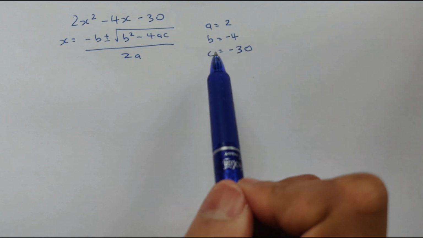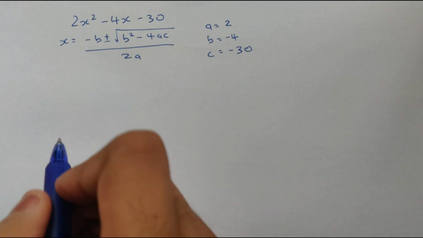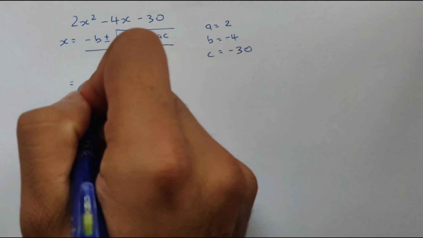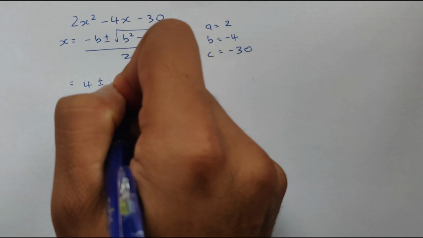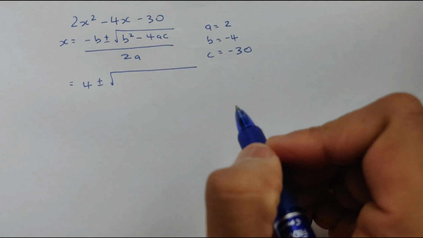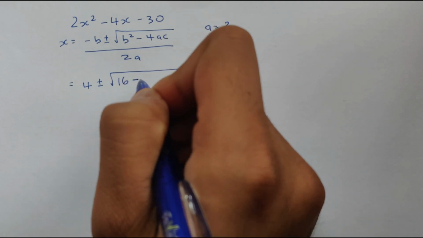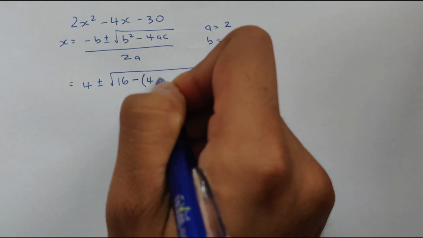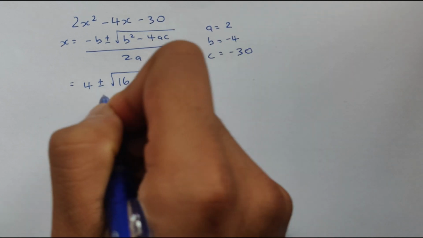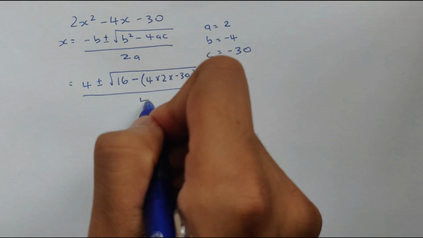Okay, now let's substitute these values of a, b, and c into our quadratic formula. Doing this, we get minus b, which is 4, plus or minus the square root of minus 4 squared, which is 16, minus 4 times 2 times minus 30 over 2 times 2, which is 4.